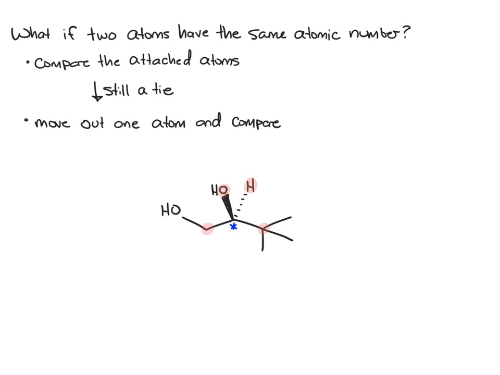So with this one, the four atoms directly attached to the chiral center are an oxygen, a hydrogen, a carbon, and we'll say carbon A, and carbon B. Now, based on atomic numbers, you can go ahead and say that the oxygen will be priority 1, the hydrogen will be priority 4.